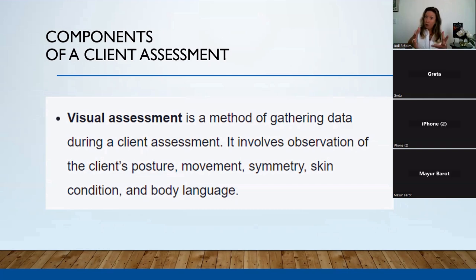But one of our tools is a visual assessment. And depending on your level of visual, here are some things you might end up seeing or assessing. And if you are visually impaired, you can absolutely have someone be a second set of eyes for you.